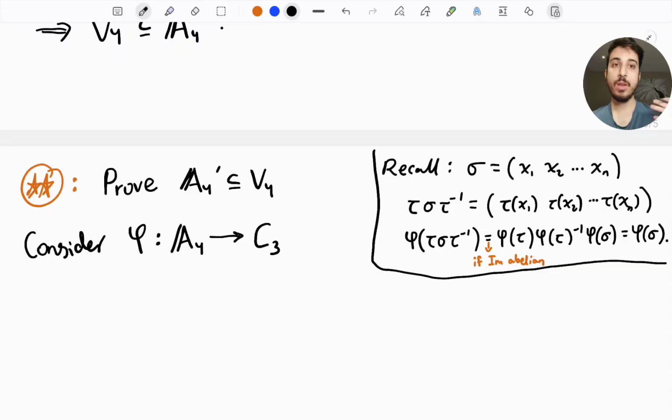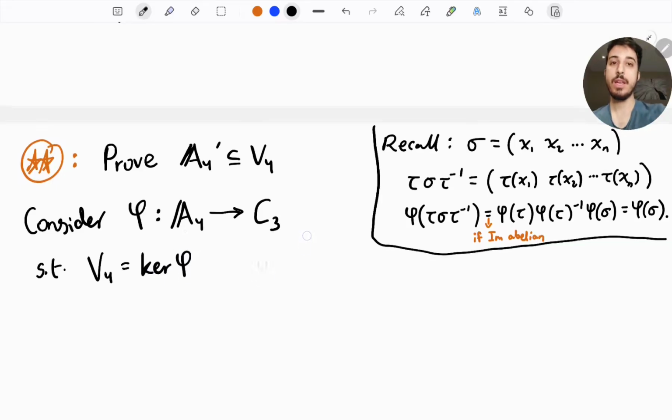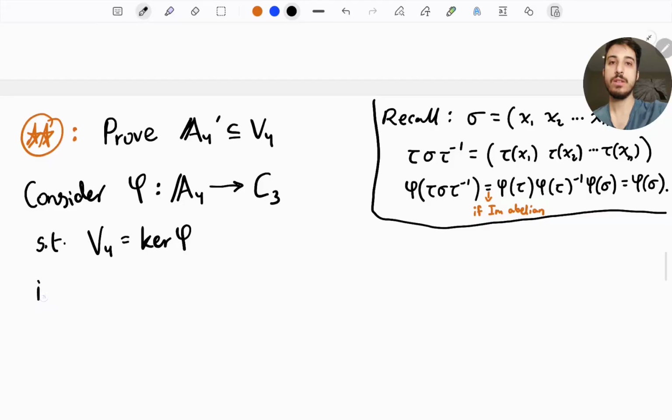The other condition we need for the lemma to succeed is that V4 is equal to the kernel of that homomorphism. In other words, if we take phi of any double transposition, any element in V4, that gives the identity.